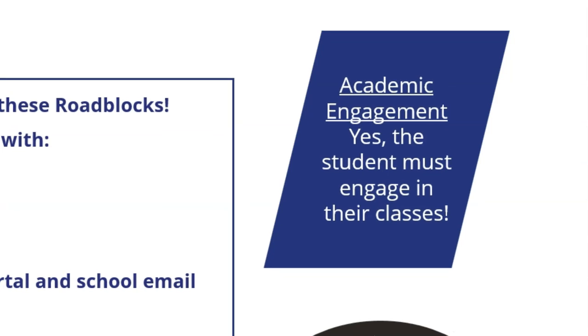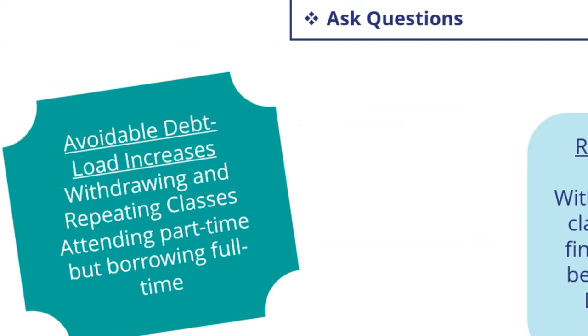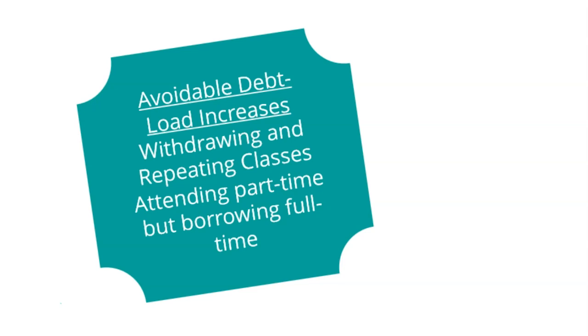There's also academic engagement. Yes, the student must engage in their classes in order to be eligible for their financial aid. And last but not least, speak to your financial aid office about avoidable debt load increases. This means withdrawing and repeating classes, or even borrowing student loans at a full-time rate as a part-time student.